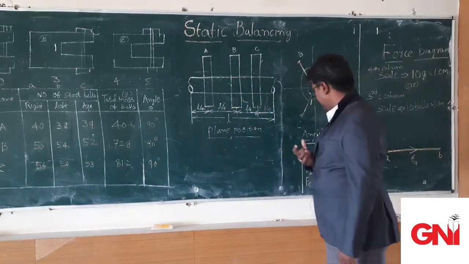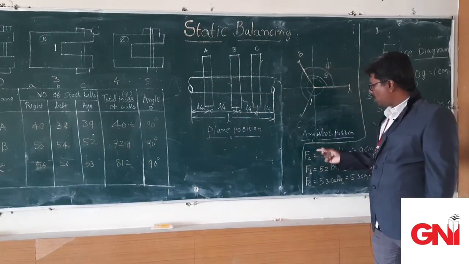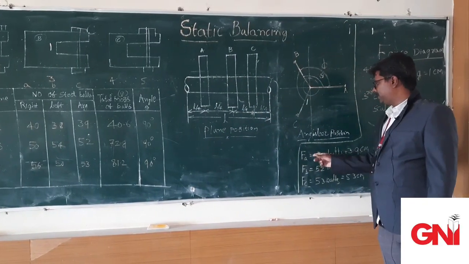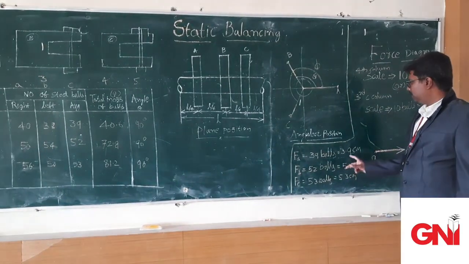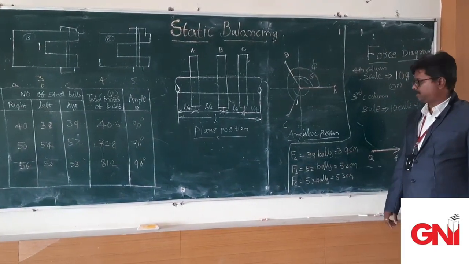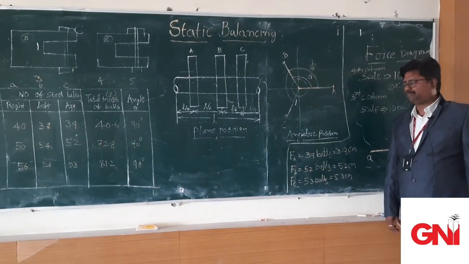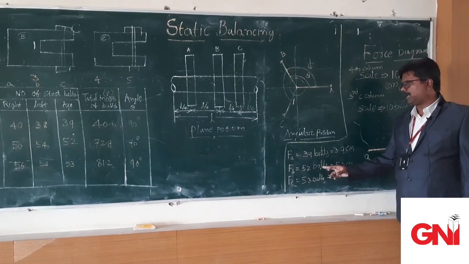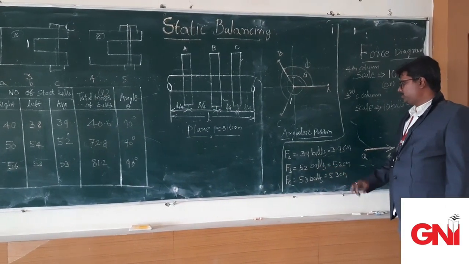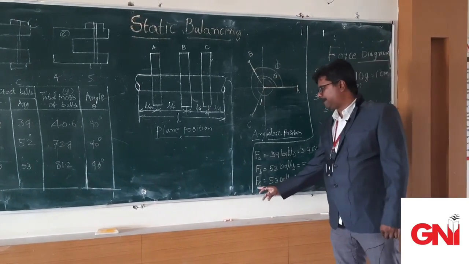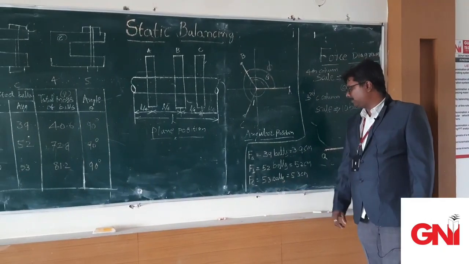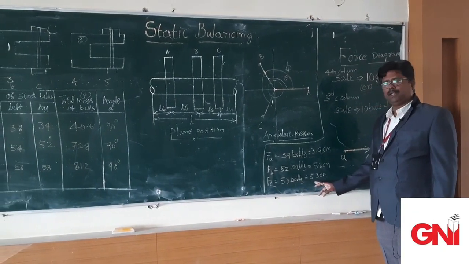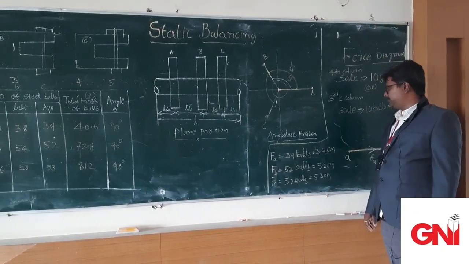A block weight is 39 balls, which in terms of scale is 3.9 centimeters, and B block is 52 balls, which in terms of scale is 5.2 centimeters. C block is 53 balls, which in terms of scale is 5.3 centimeters.